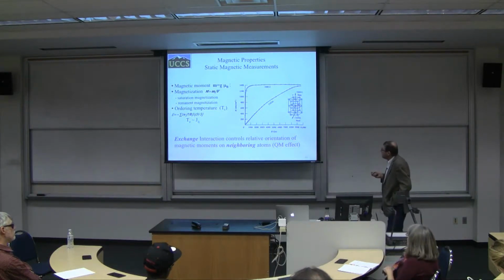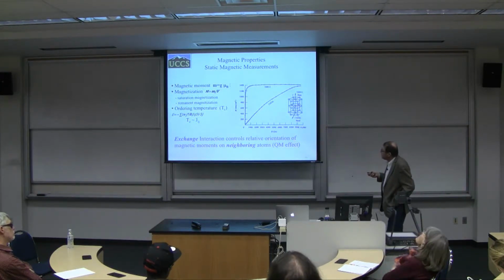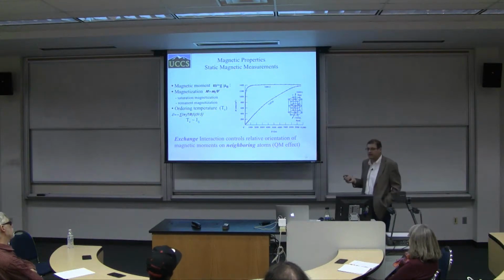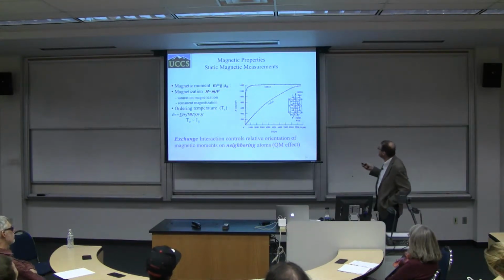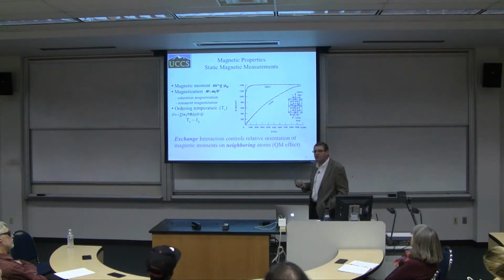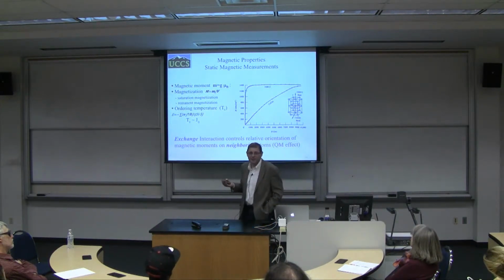What determines TC is related to the strength of the coupling between two moments in neighboring atoms, and this is a purely quantum mechanical effect. What determines the differences in saturation magnetization in different directions is purely associated with relativistic effects.